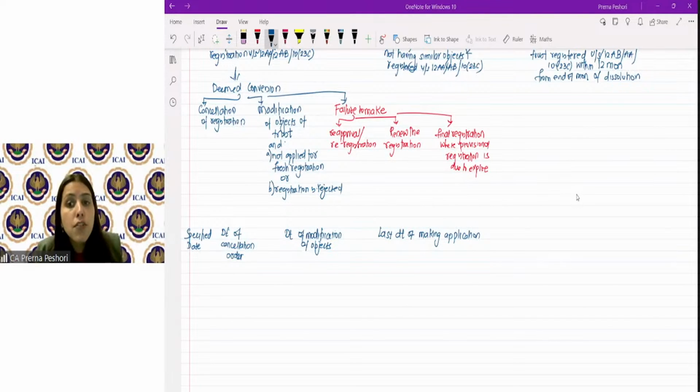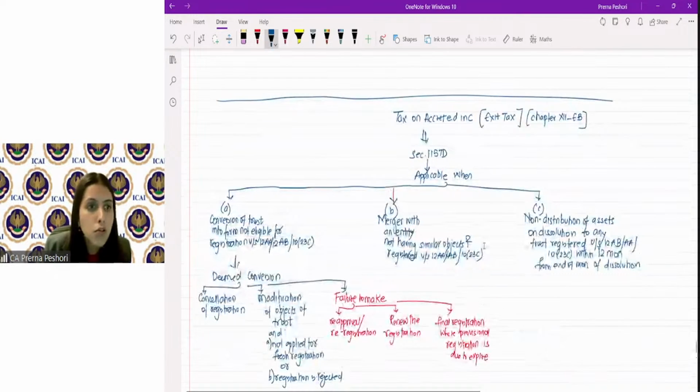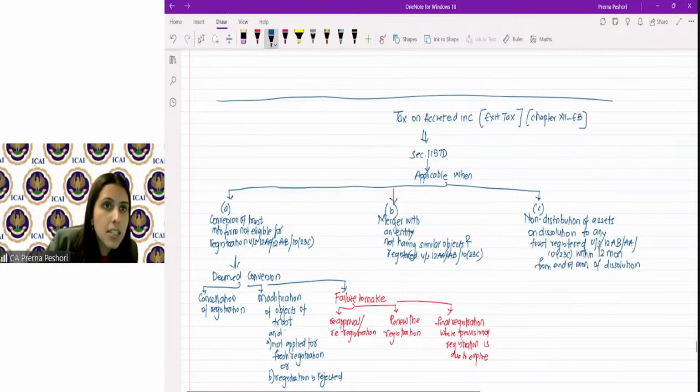In the case of the merger, it's the date of merger. And in the case of dissolution, it shall be the date of dissolution. So just remember these 3 points when the exit tax is applicable: first is conversion, second is merger, and third is dissolution.